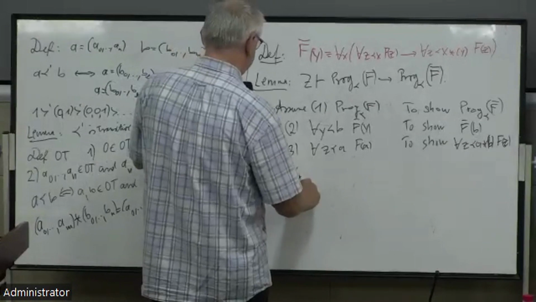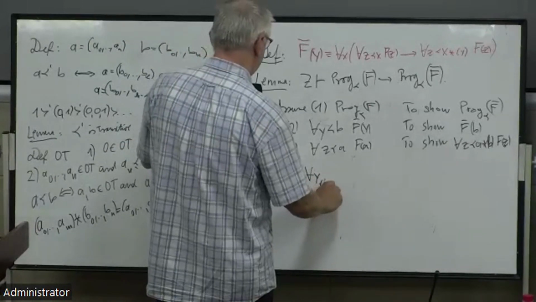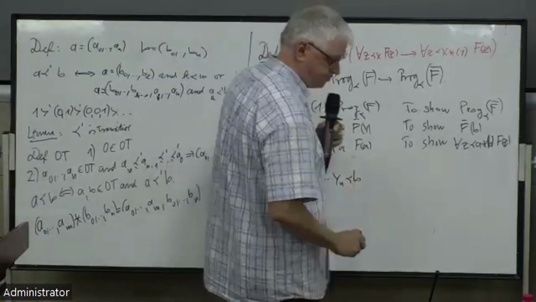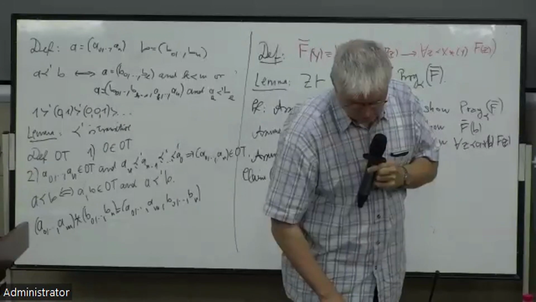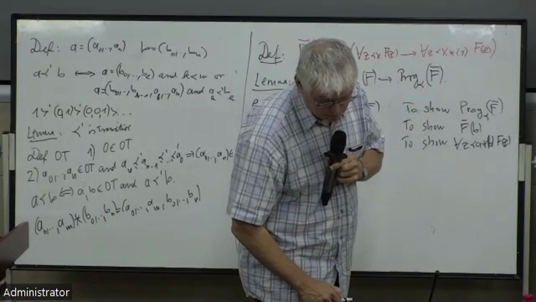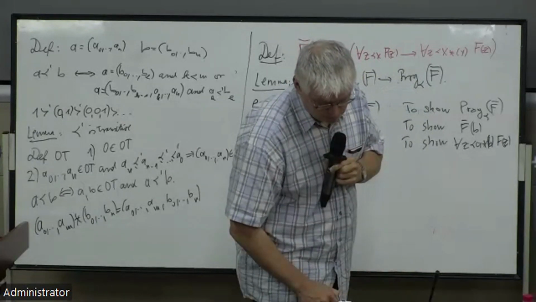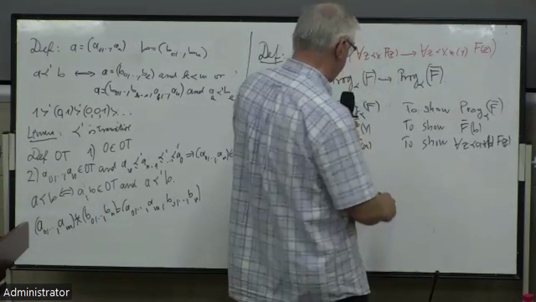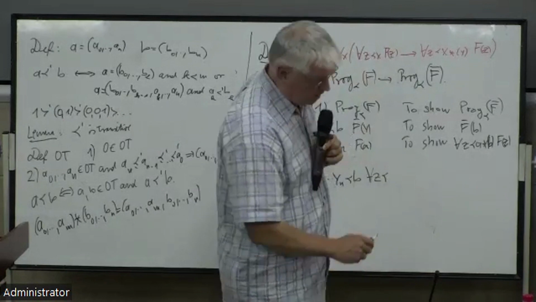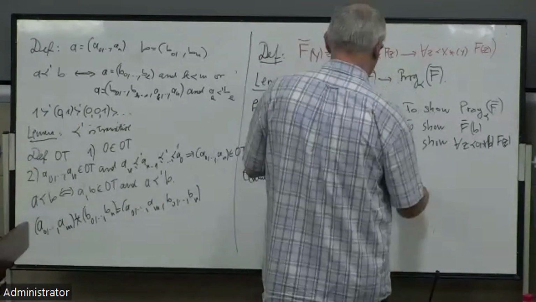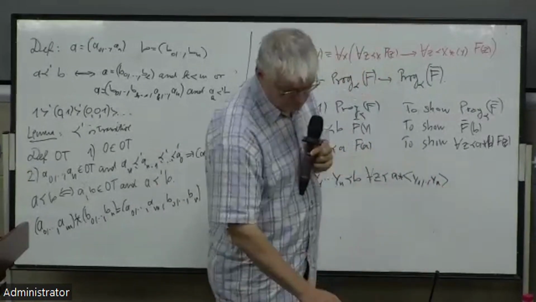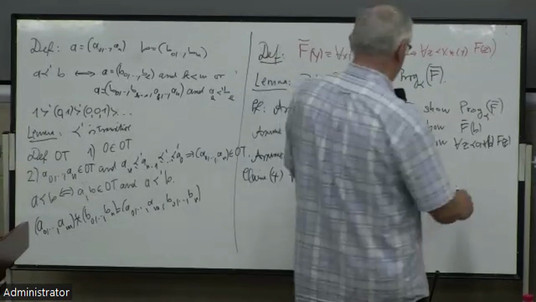For all n, for all y1 to yn smaller than b, we have for all z smaller than a times y1 to yn, f of z.